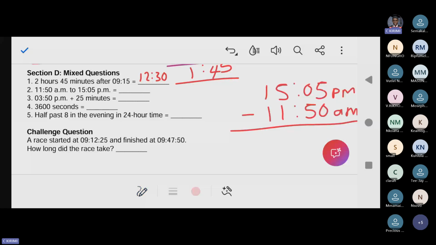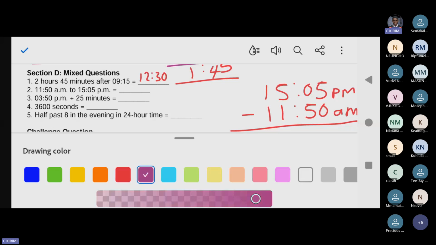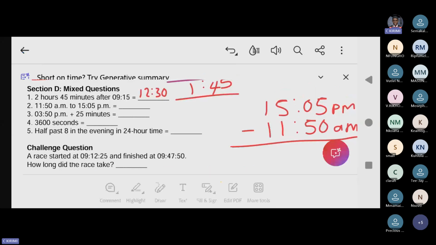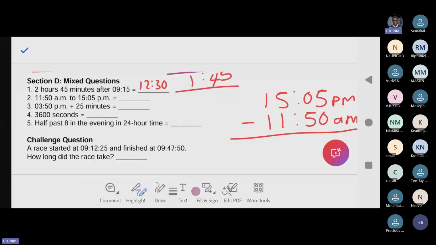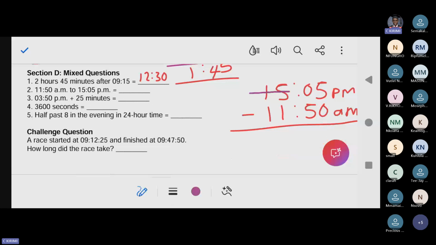We use the same method. 5 cannot subtract 50 minutes. You don't borrow a 10 from the 15. You borrow 1 hour. So the 15 becomes 14. And then we add the 60 minutes to the 5 minutes. It becomes 65 minutes. So that is our new time that we are using, 1465.